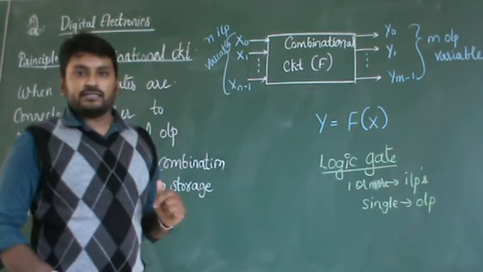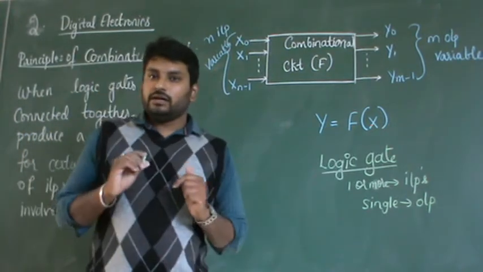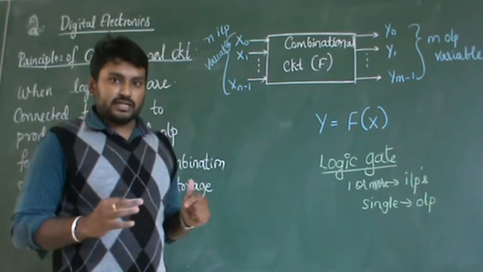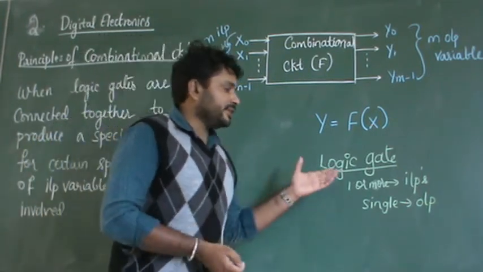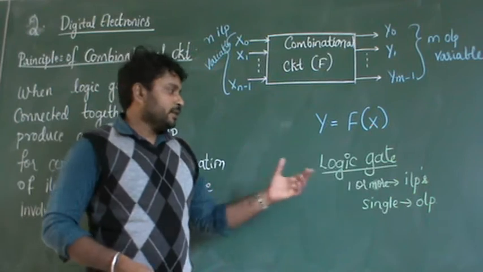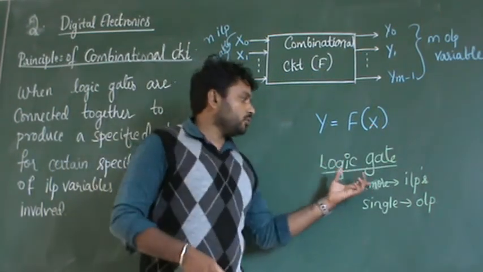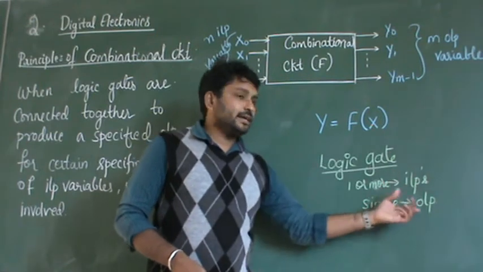So a logic gate is a building block to construct or implement any digital electronic circuit, and the definition is: a logic gate is a gate which has one or more inputs but a single output.